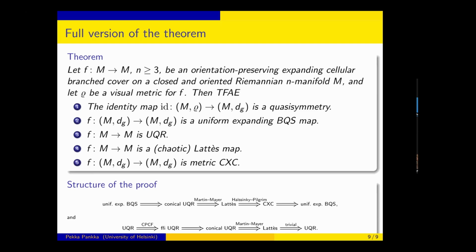This is not surprising, but they are also conical, meaning that every point is a conical point, meaning that you can do a blow-up argument at any point. Then there's a classical paper, to me, from the early 2000s by Martin and Meyer saying that if you can do that, then you are lattice. And if you are lattice, then Haïssinky-Pilgrim say that you are CXC. Then we go by hand through the CXC definition and show that we are back to this uniformly expanding BQS.